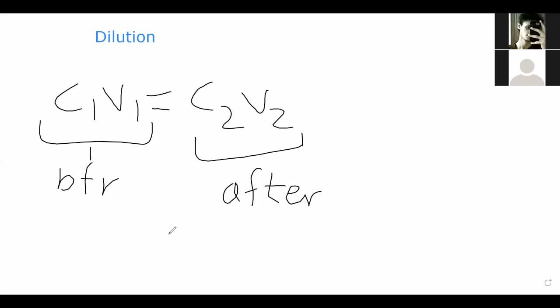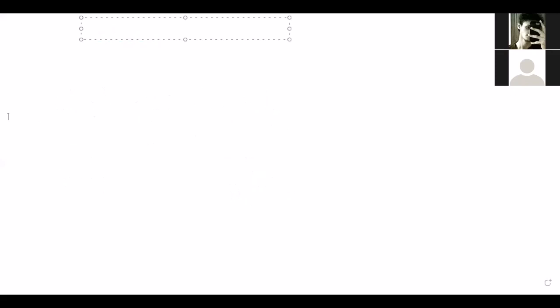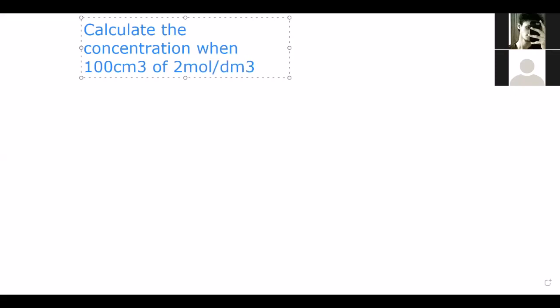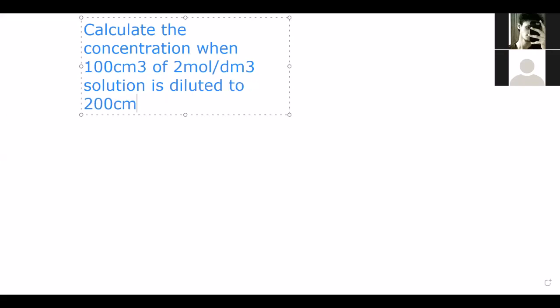So taking the question, here these are the data before dilution, and this is after dilution.